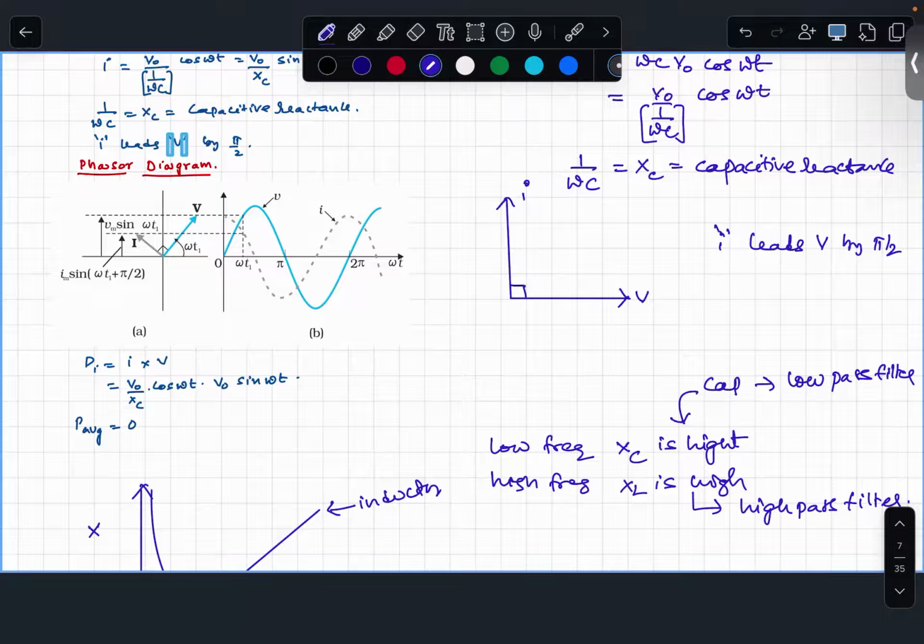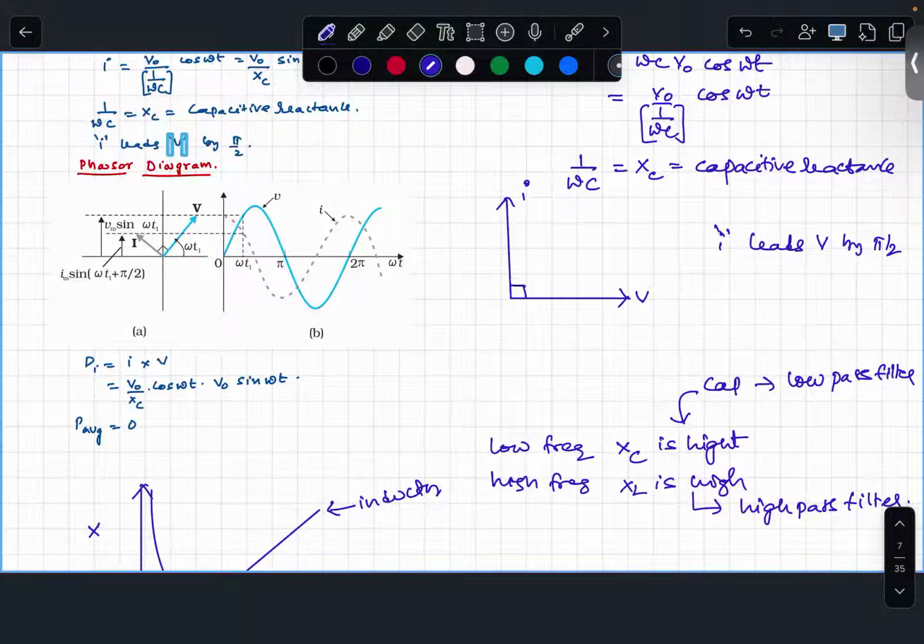So to filter strictly AC from DC, or to strictly filter DC from AC, you will use these elements. To filter AC and pass only DC, you will use an inductor. To filter DC and pass only AC, you will use a capacitor. That is the use of these properties.